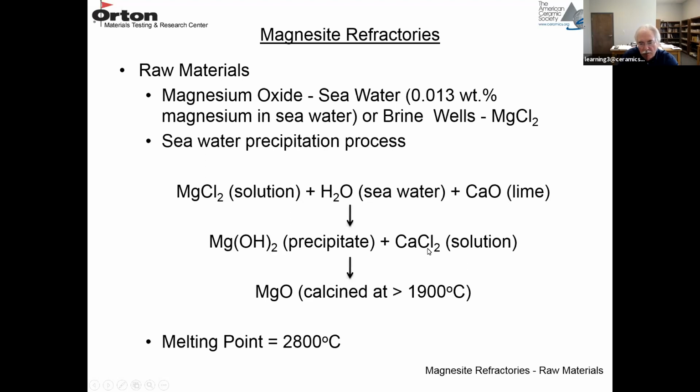And now calcium chloride is in solution. So you take that magnesium hydroxide precipitate, and then you calcine it at a high temperature to make what's called a dead burn MgO. So calcine it at 1900 degrees C, and now you end up with MgO. MgO has a high melting point, 2800 degrees C, very refractory material. So that's the seawater process.